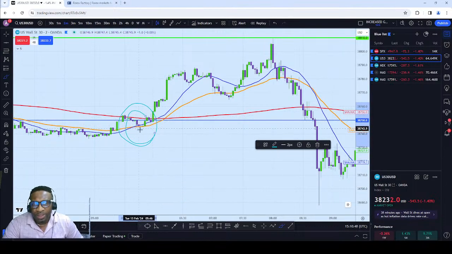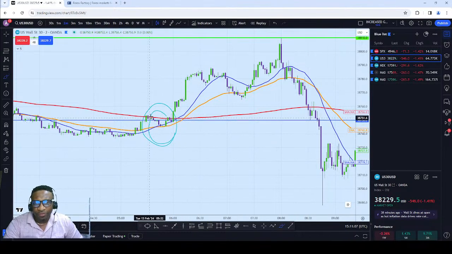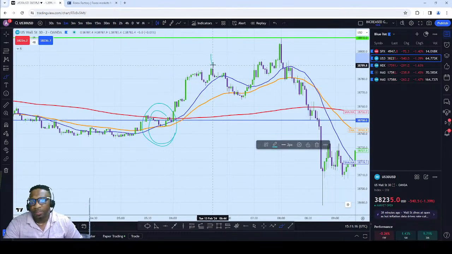From the narrow state, price moves into the wide state, then from the wide state it comes back to the narrow state. It will start the process again. So from narrow state to wide state, then back to narrow state, to wide state, and then back to narrow.